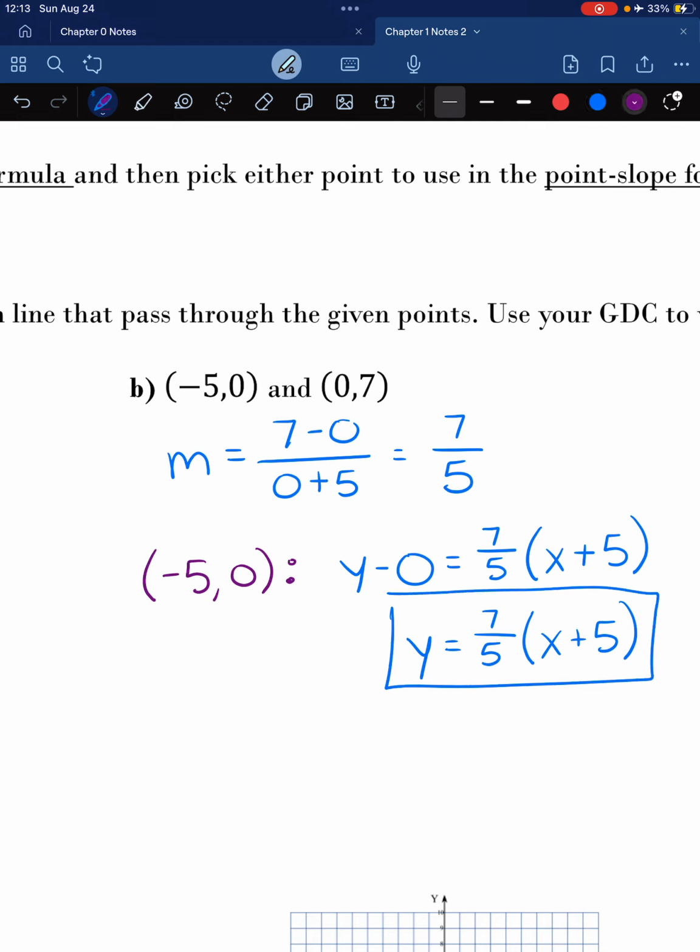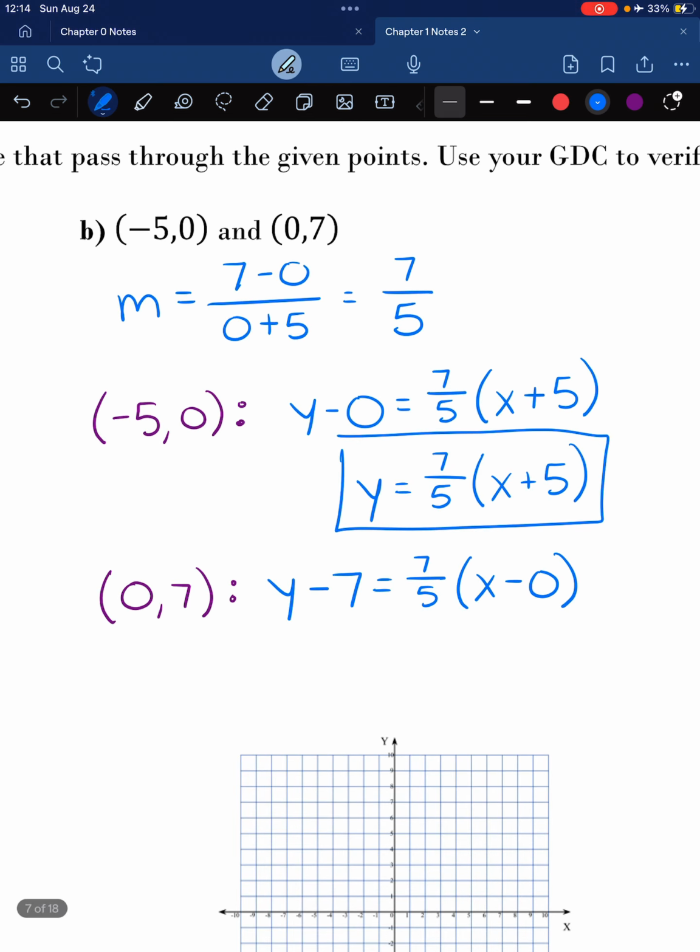Okay, there's one equation of a line. Let's go ahead and use my y-intercept. y minus y1 equals m times x minus x1. And x minus 0 we don't really have to write.